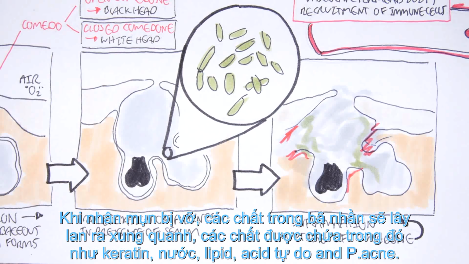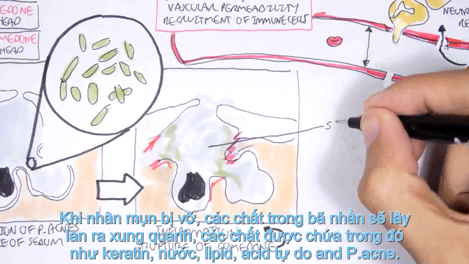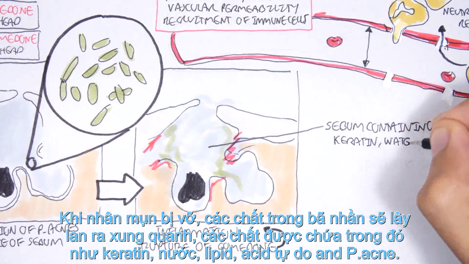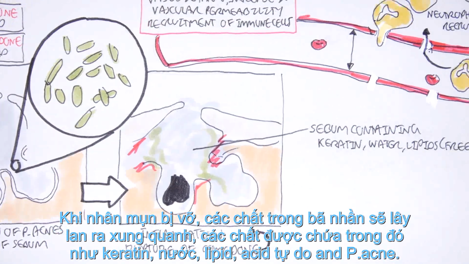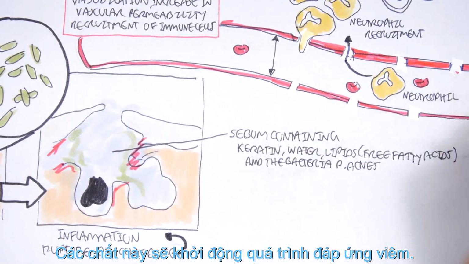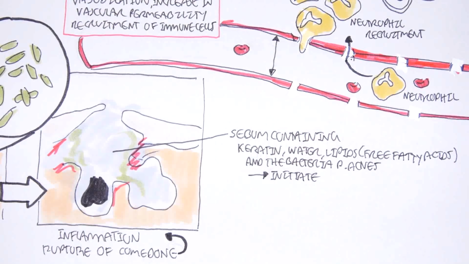When the komedo ruptures, it will spill out the sebum substance everywhere around here, which contains the keratin, the water, lipids, free fatty acids, and the bacteria P. acnes. And this will trigger the inflammatory response.